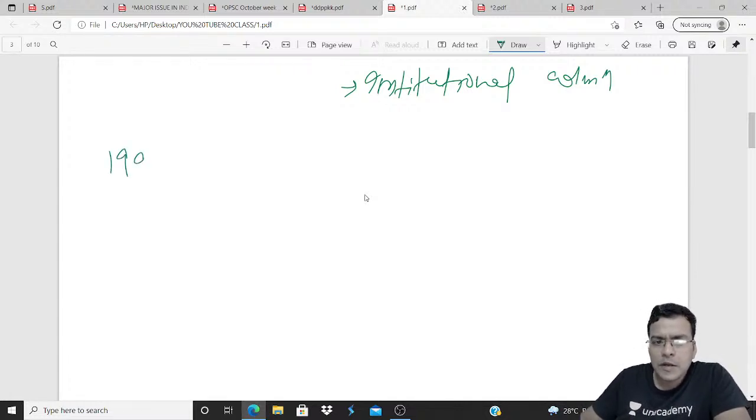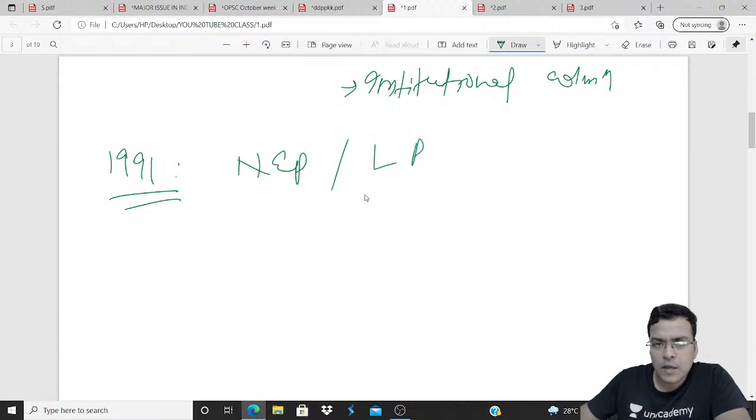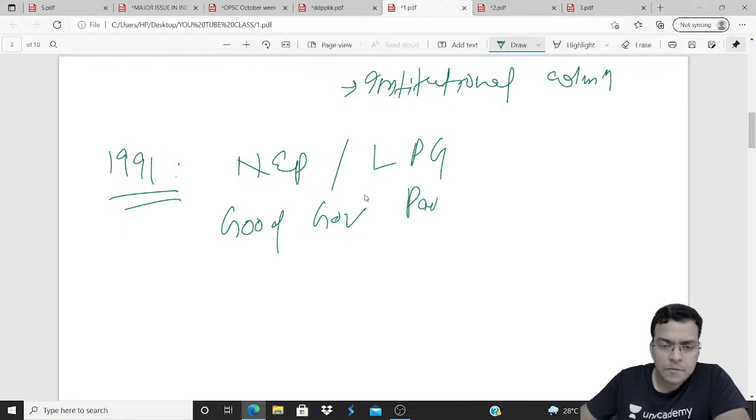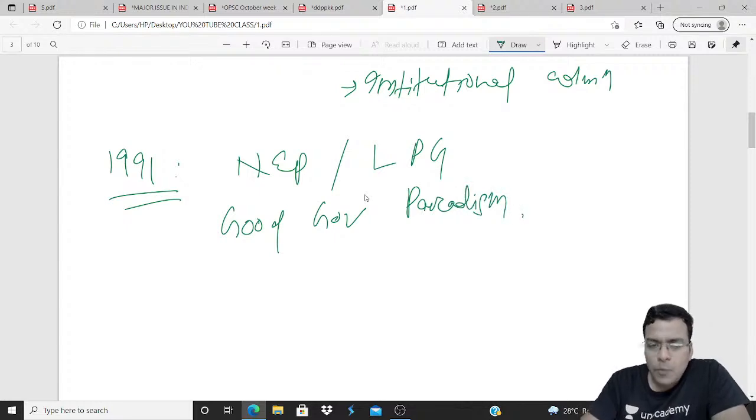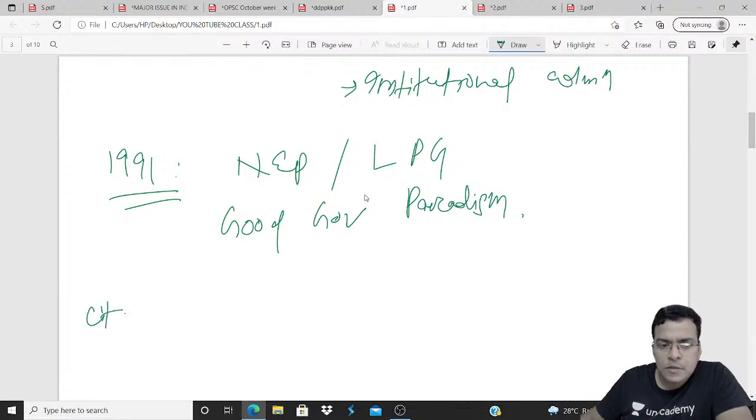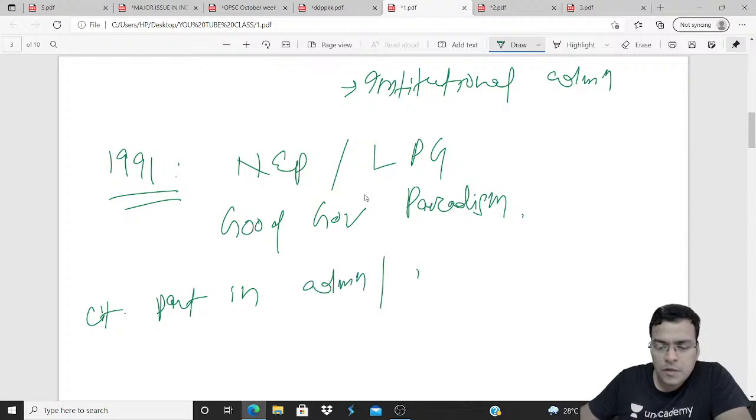In 1991, major developments happened. One is the new economic policy, or LPG. One is the international level good governance paradigm. So these two will facilitate or increase citizen participation in administration, in governance.